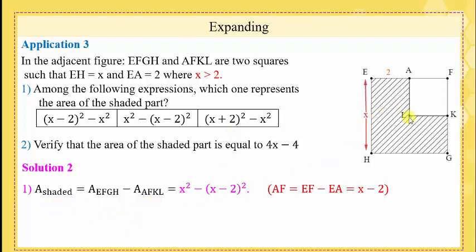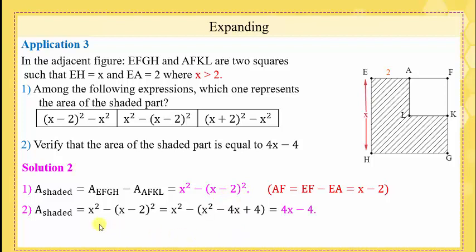AFKL is also a square, so its area is side exponent 2. What is the side of the square AFKL? Its side is AF. AF equal to EF minus EA, which is equal to x minus 2. So the area is (x - 2) square.